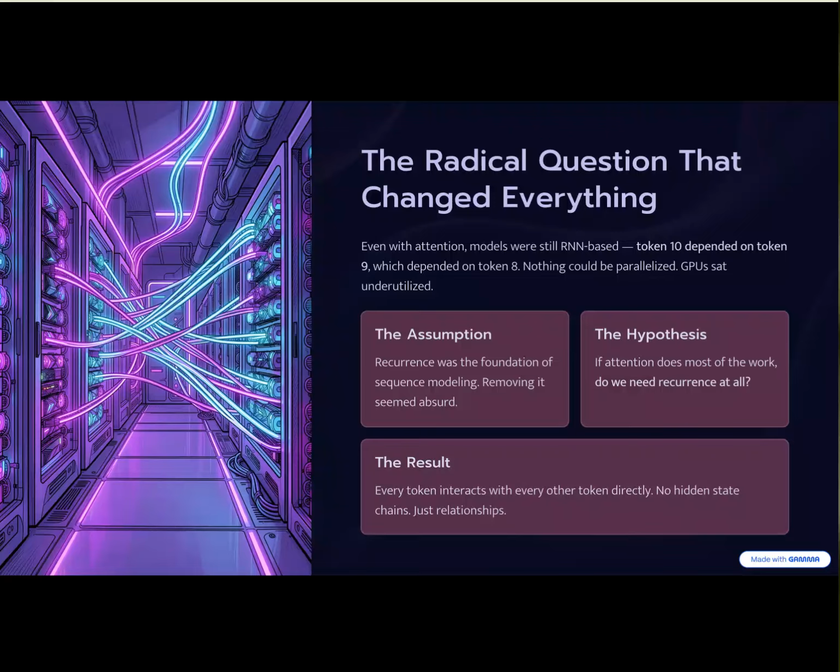The title itself was provocative. It challenged the central assumption of sequential modeling, and the paper proposed removing recurrence entirely. Instead, every token could directly interact with every other token. No hidden state chains, no sequential memory propagation, just relationships. Every word could access every other word immediately. This architecture became the transformer.